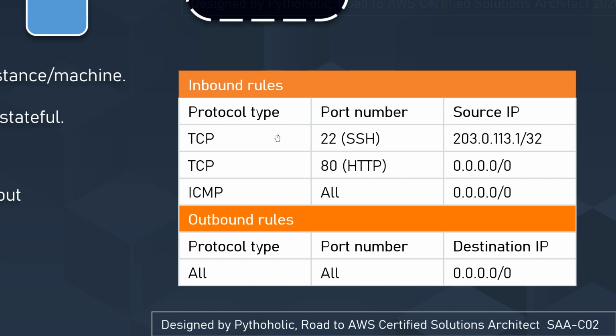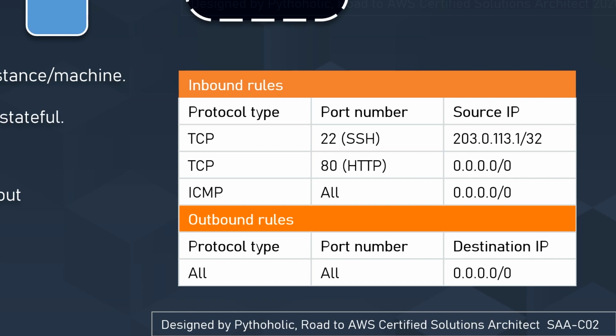The TCP rule here is 22, for SSH, and that is tracked because the inbound rule states that only source IPs in this range are allowed access using SSH. But for the TCP rule on HTTP port 80, all the source IPs are allowed in both inbound and outbound rules, so it is not tracked, because it is a bidirectional allow-all rule.